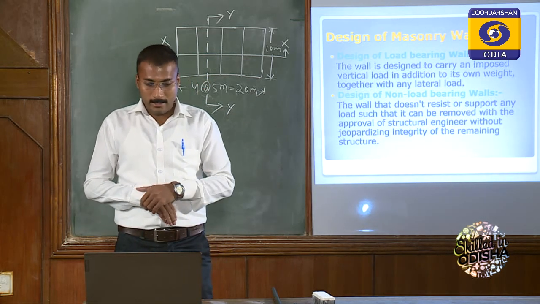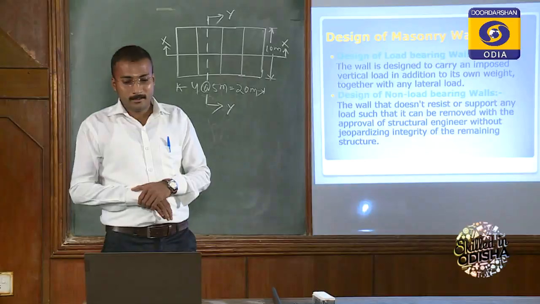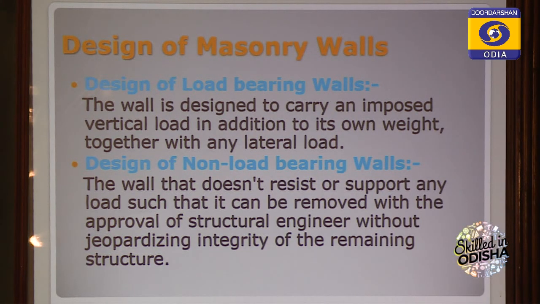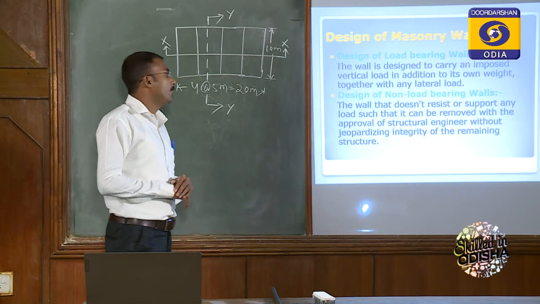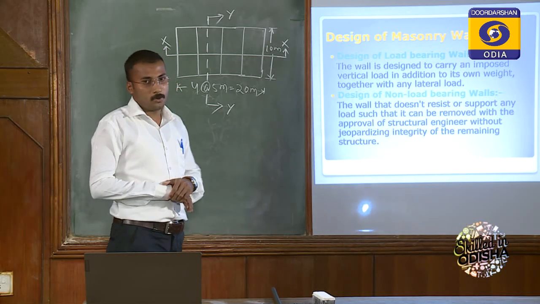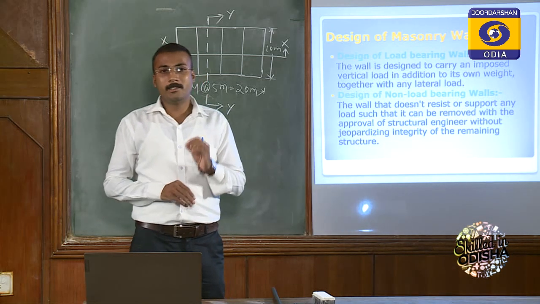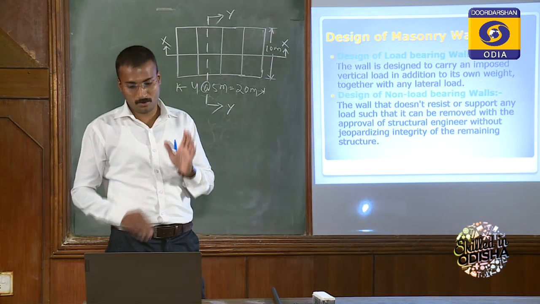In case of a non-load bearing wall, the wall does not resist or support any load such that it can be removed with the approval of the structural engineer without jeopardizing the integrity of the remaining structure. That means no live load is there in a non-load bearing wall. It is only used for separation purpose.